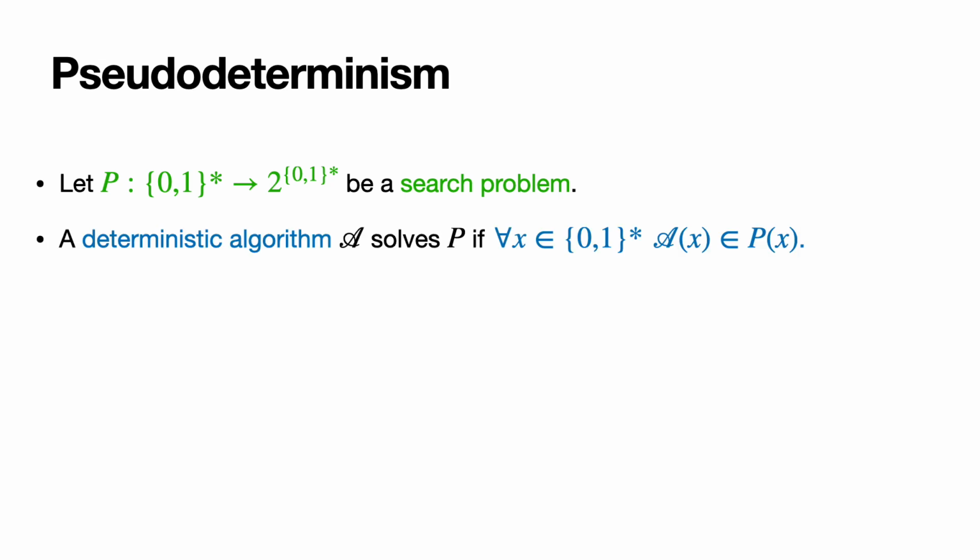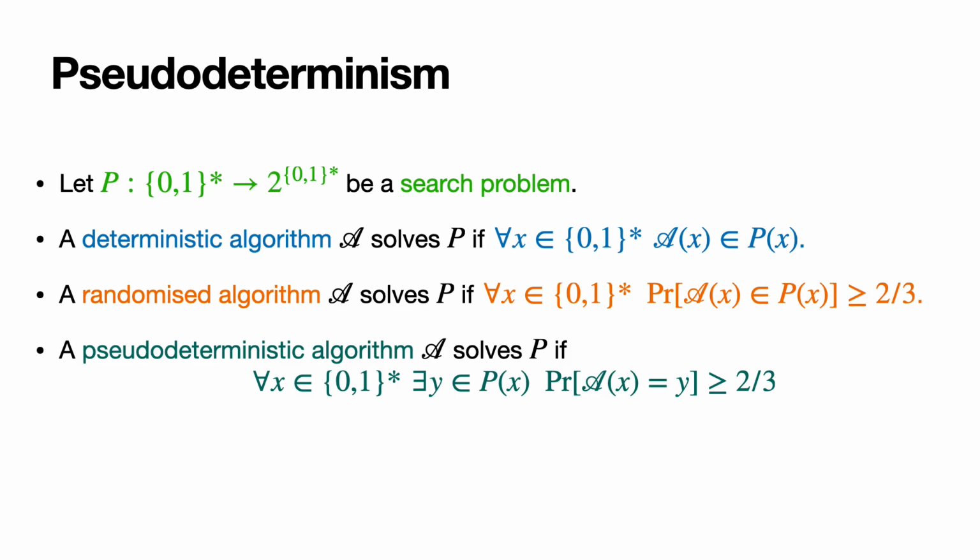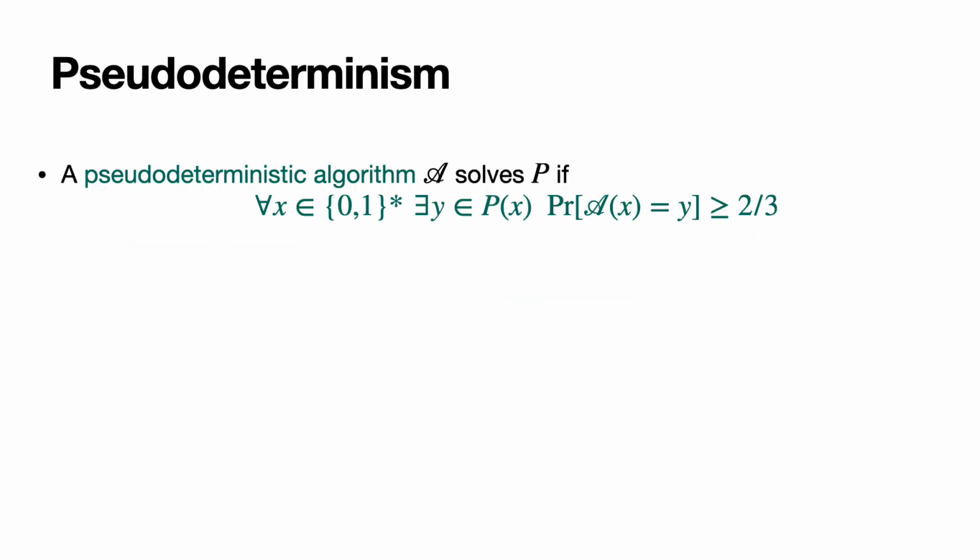Now a deterministic algorithm A solves P if for all inputs X, A of X lies in P of X. A randomized algorithm A solves P if for all inputs X, with high probability A of X lies in P of X. Finally, a pseudo-deterministic algorithm solves P if for all inputs X there exists some Y in P of X such that with high probability A of X is equal to Y. Note the subtle difference between randomized and pseudo-deterministic.